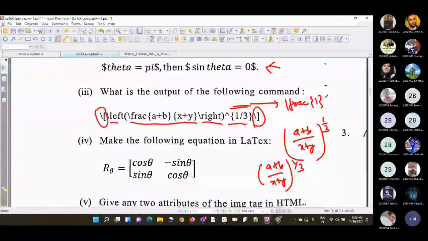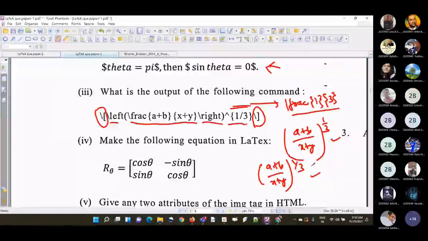So if you are writing instead of this command, then you will be getting this output. Otherwise, for this command, you are going to get this output. Fine. Please, you need to reply in between.